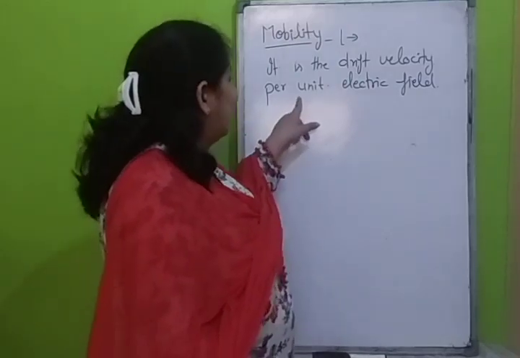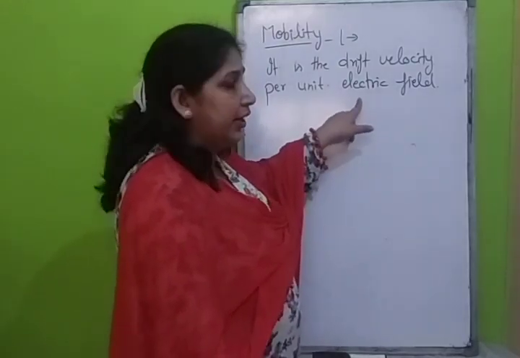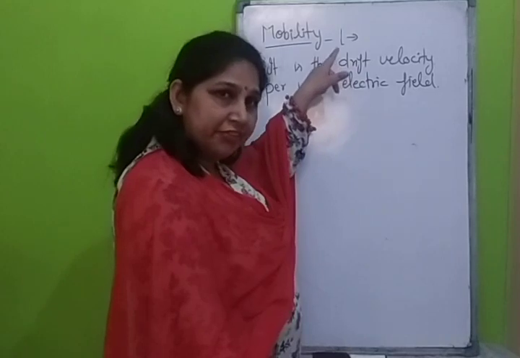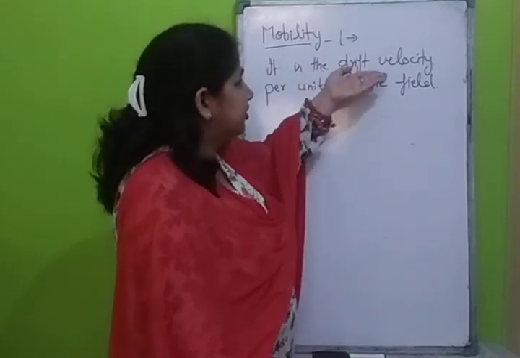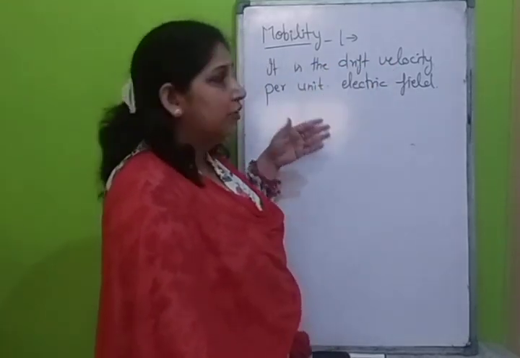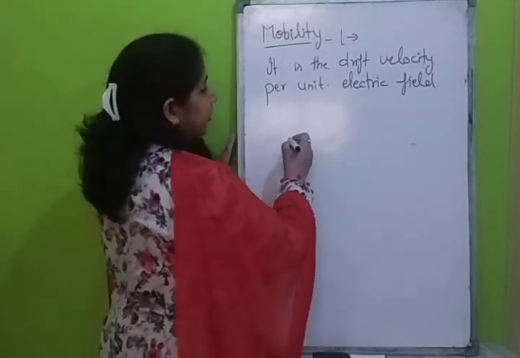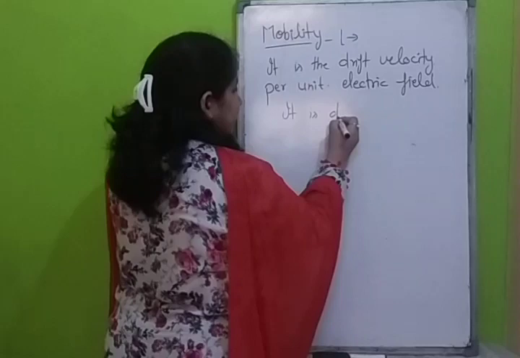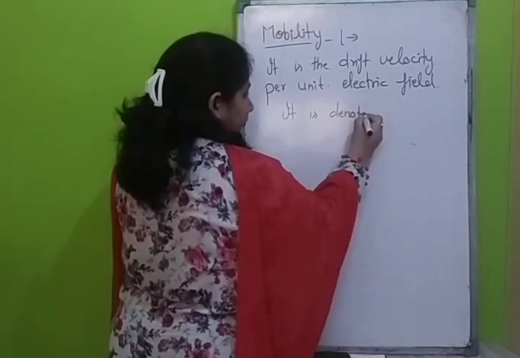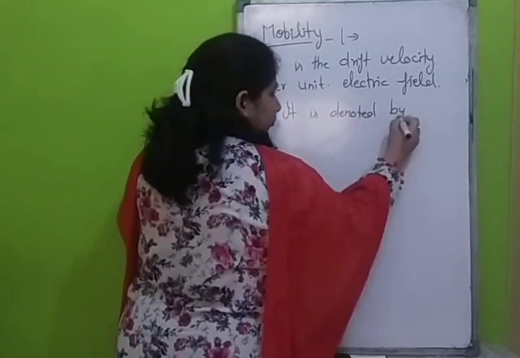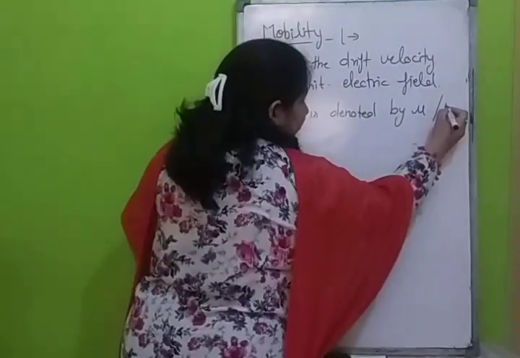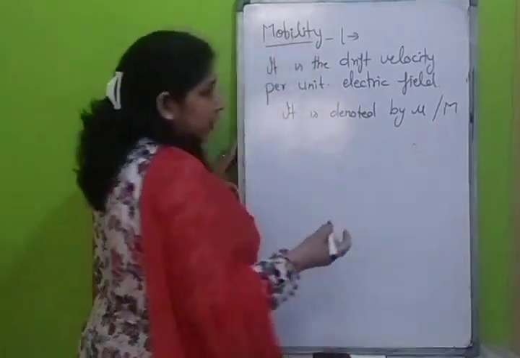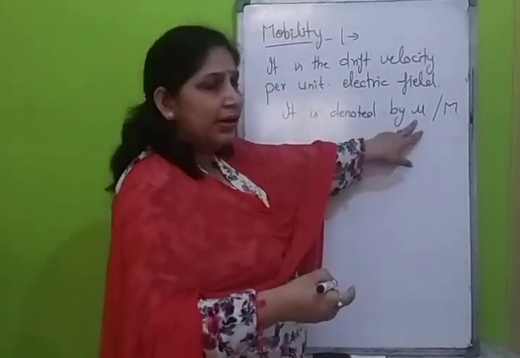Means how much electric field can create by a charge which are drifting, and what is the relation of drift velocity with which the electrons are drifting. So it is denoted by mu, or in some books you can get the m, but it is denoted by mu.